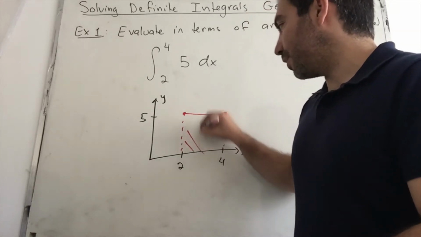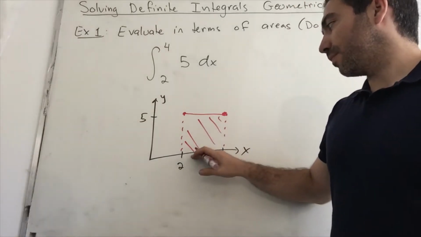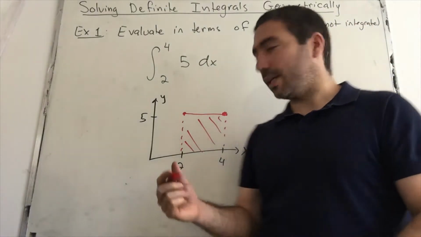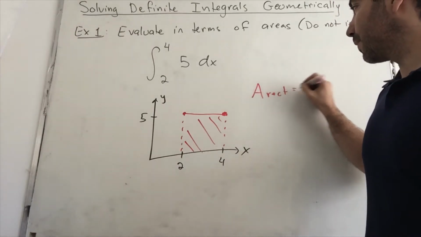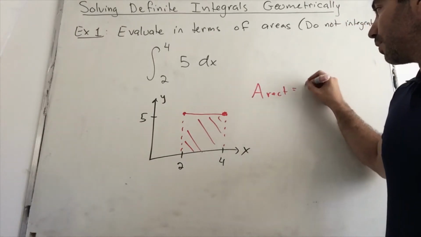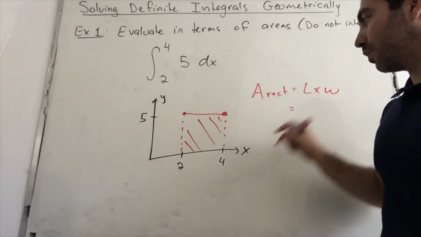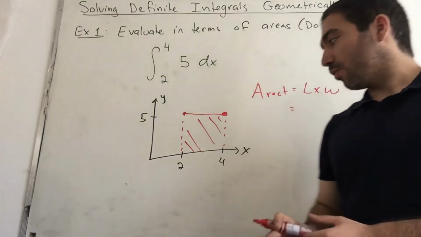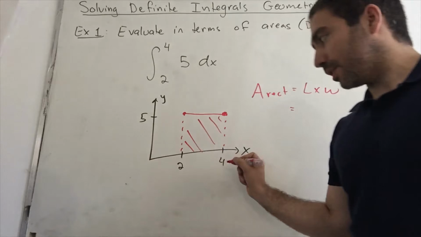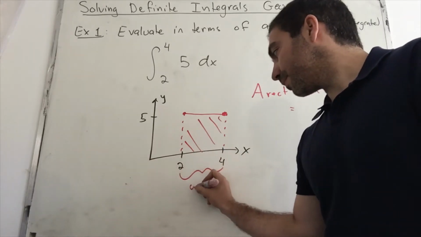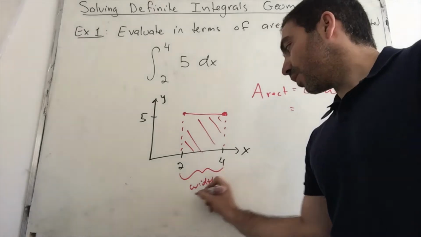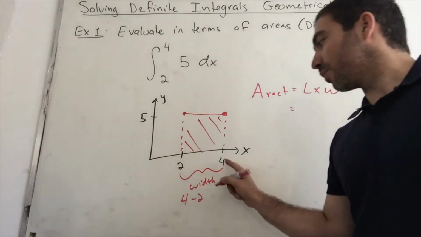How do we find the area of this shape? Well, without integrating, this is just the area of a rectangle. And we know the area of a rectangle is equal to length times width. What's the length and what's the width? Let's start off with the width. All you're doing is subtracting 2 from 4.